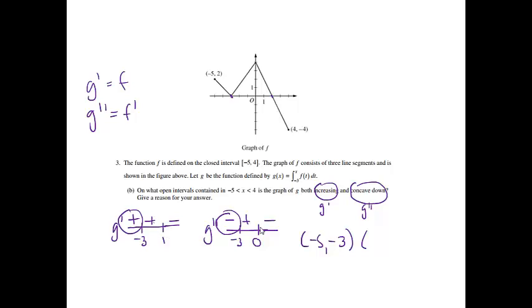Since this changes to negative at 0, this stays positive till I get to 1. I'm going to say between 0 and, well, actually I'm going to change this. This is supposed to be at 2 not 1. If I look at where that's touching, it's touching at 2. I notice between 0 and 2, g prime is positive and g double prime is negative.